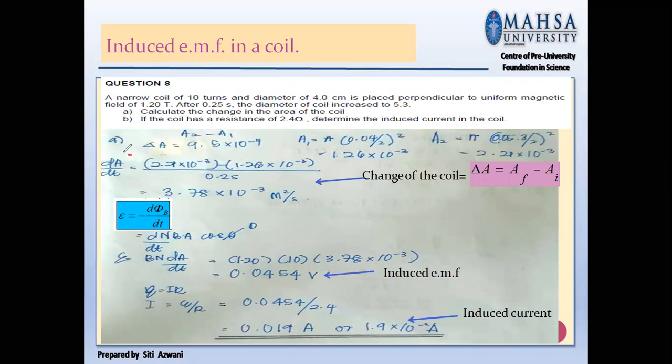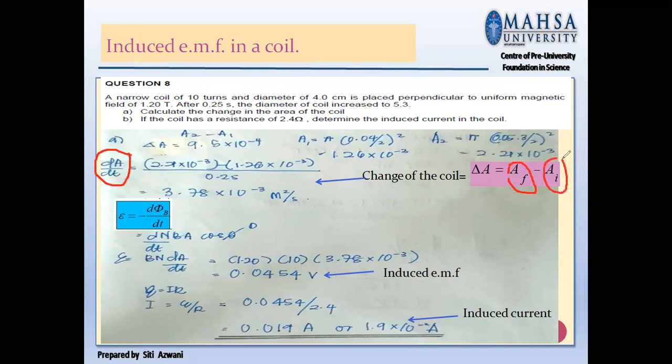You have a change in the area, dA over dt. So the change in the area is the final area minus the initial area.